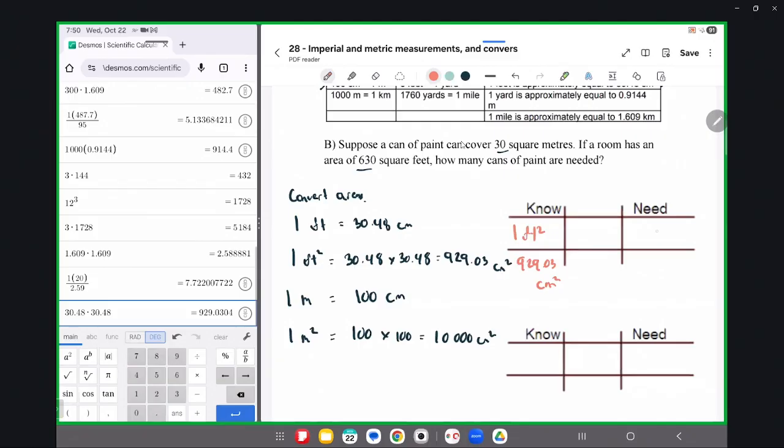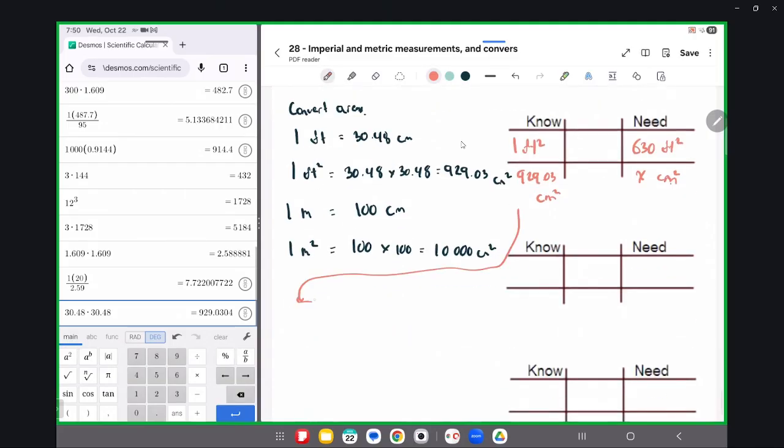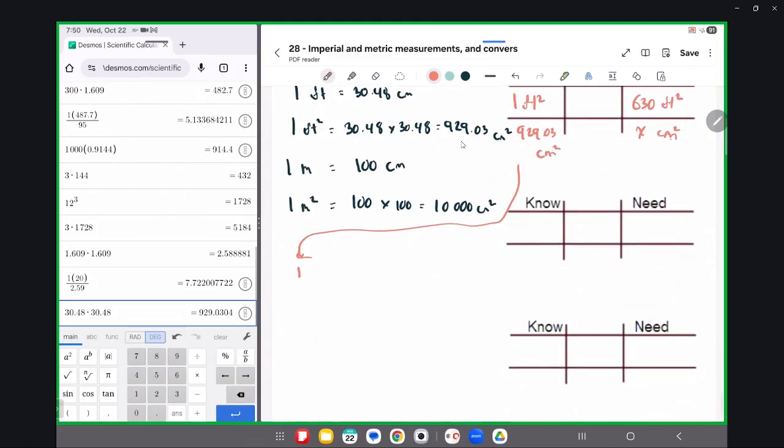And we need to know how many square centimeters would be 630 square feet? And so using our calculation, we have 1 over 929.03 will be equal to 630 over x.